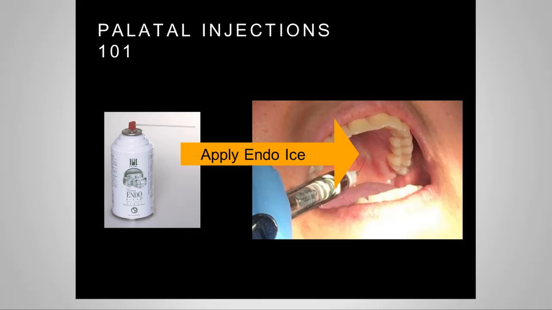A lot of times what I like to do is apply a quick blast of Endo Ice onto a sterile cotton applicator, and place it along the palate, putting pressure on it and allowing it to stay there for about 20 seconds or so. I'll remove it, and then we'll go ahead and give an injection. We've found that to work very, very well. So that's my first way of giving a palatal injection.